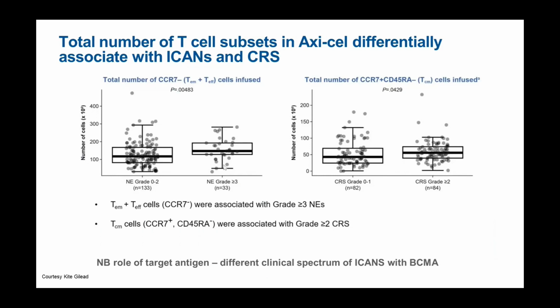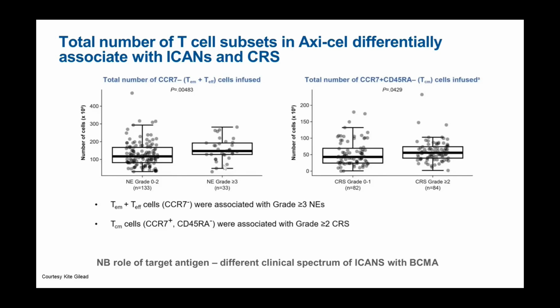I think what's also becoming clear now with regards to differences between T cell products is that the total number of T cell subsets within a product can differentially associate with the toxicities that are manifest. And of course, this then takes that risk back to a per patient basis rather than a per product basis. So again, this data is pertinent to axi-cel.